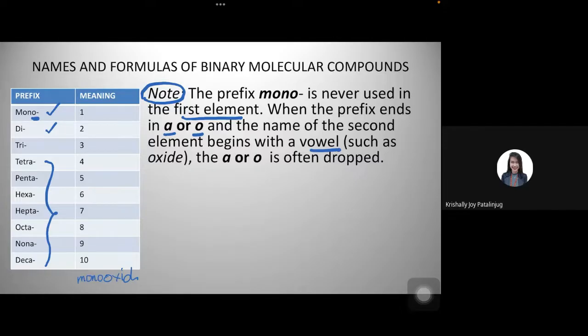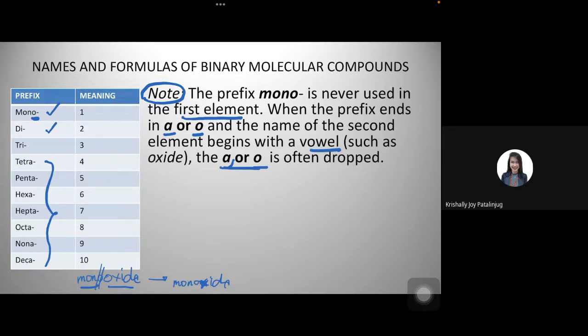Now, if that happens, you need to drop or omit the ending A or O from that prefix. So for example, instead of saying mono-oxide, you have to drop the ending O from mono to make it monoxide. That's the correct naming of the second element in the binary covalent compound.